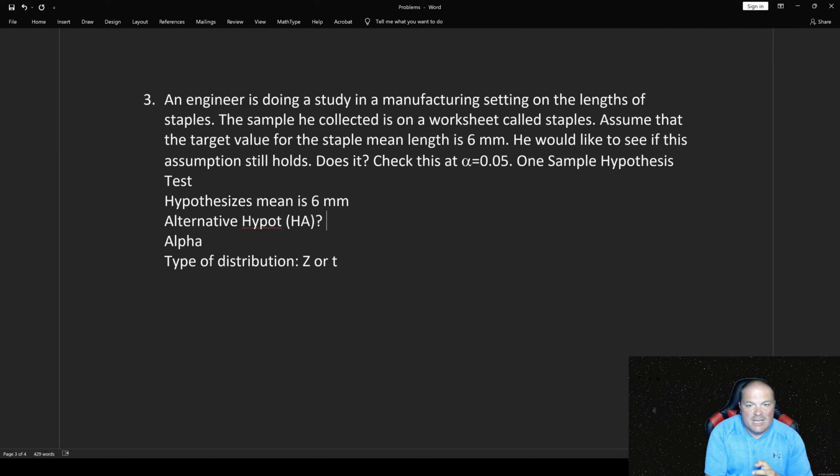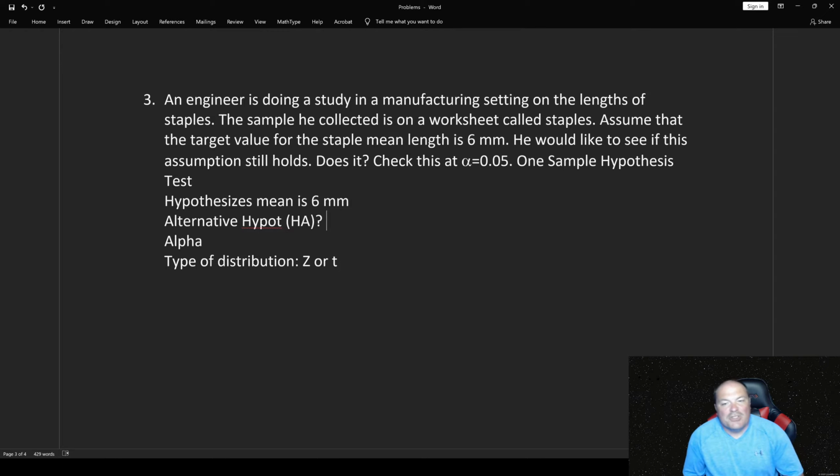Is the mean no longer this value? Does the assumption hold? Different things like that. That's where you're going to figure it out. Anytime you see a question that is worded like, is the mean equal to 6? If it's asking you for an equal, we know an equal can never be in the alternative. Only a not equal. Equal has to be in the null.